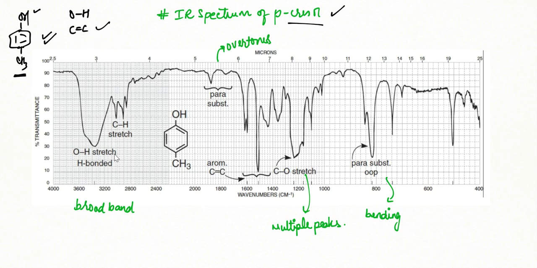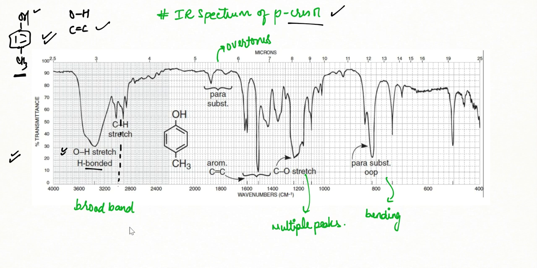So let's now jump on to the spectrum. On the left hand side of the spectrum, what do we see? We see a very broad peak, and it is characteristic of our oxygen hydrogen stretching, which is hydrogen bonded. Also we can see a very weak peak in this region, and this is our CH stretching, a combined peak.